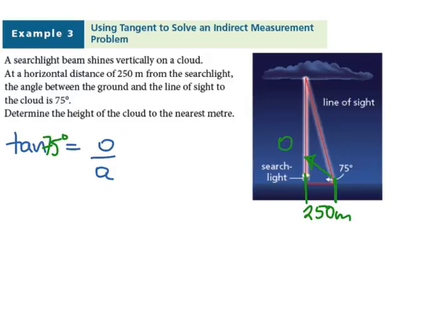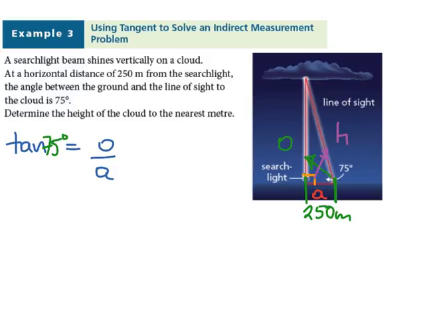And the longest side, which is opposite to 90 degrees, and I'm just going to draw it right here, is the hypotenuse. That's not the height. That's the hypotenuse, the longest side of the triangle. So the 250 meters side is the adjacent side of the triangle.